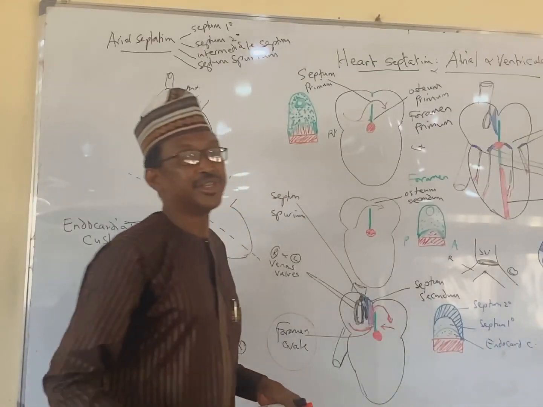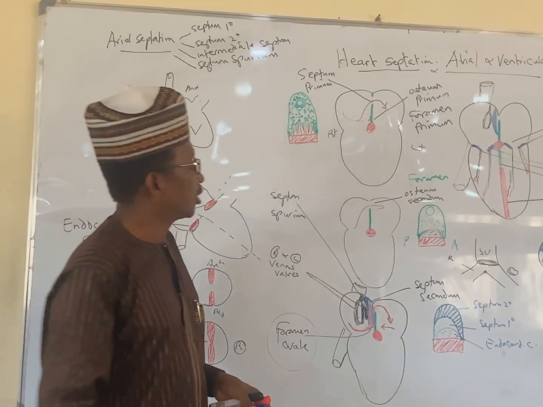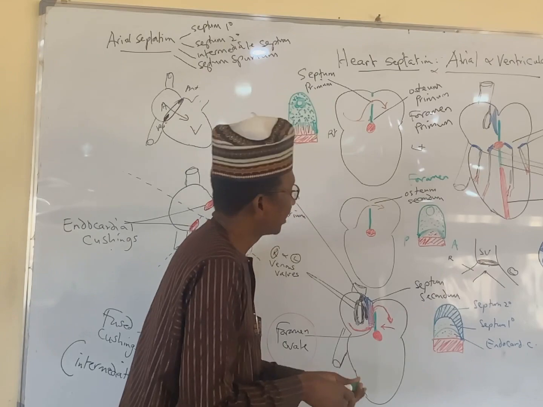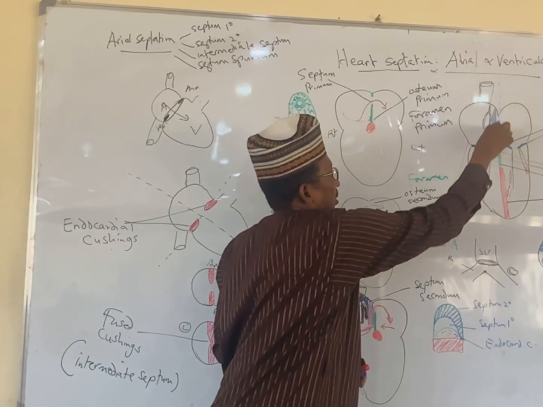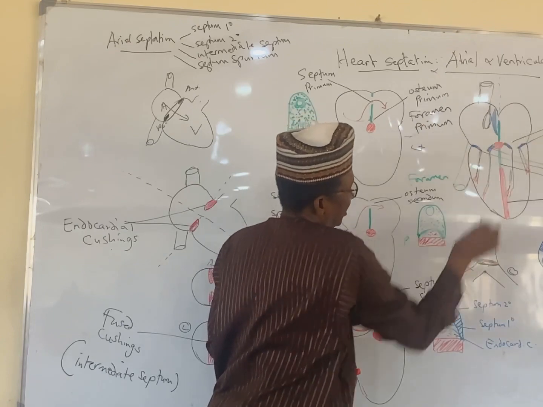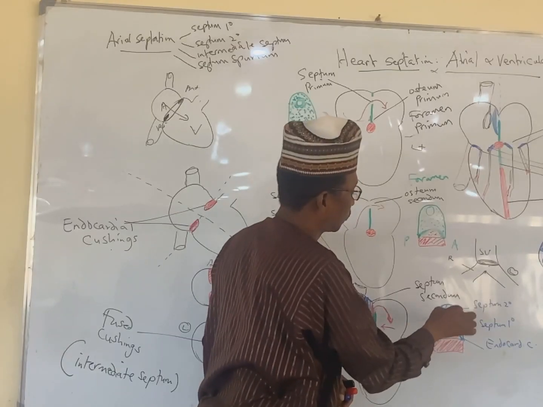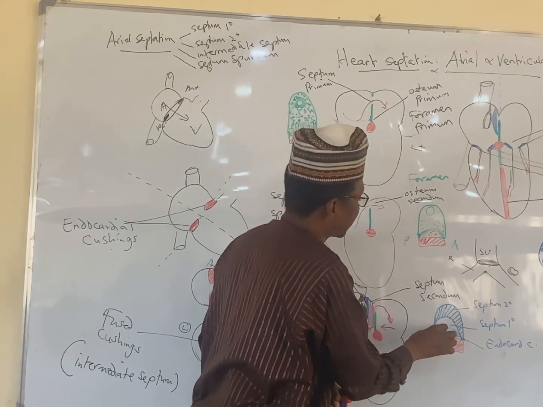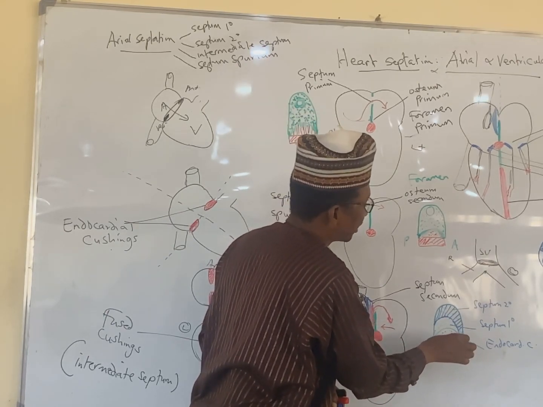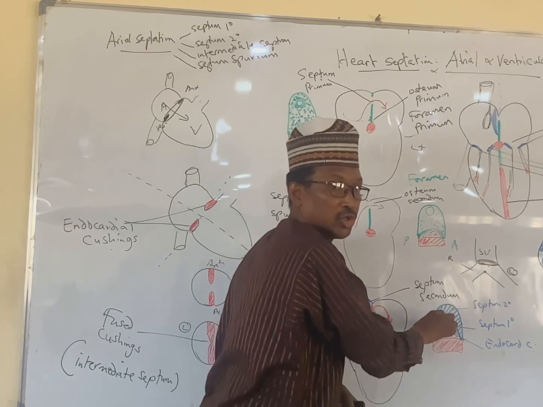Similarly, the septum secundum is also crescenteric. Now I have taken a cross section like this, and then I look at it from this side, and this is what I just tried to draw. So even this septum secundum is crescenteric in that it has an anterior horn, it has a posterior horn.